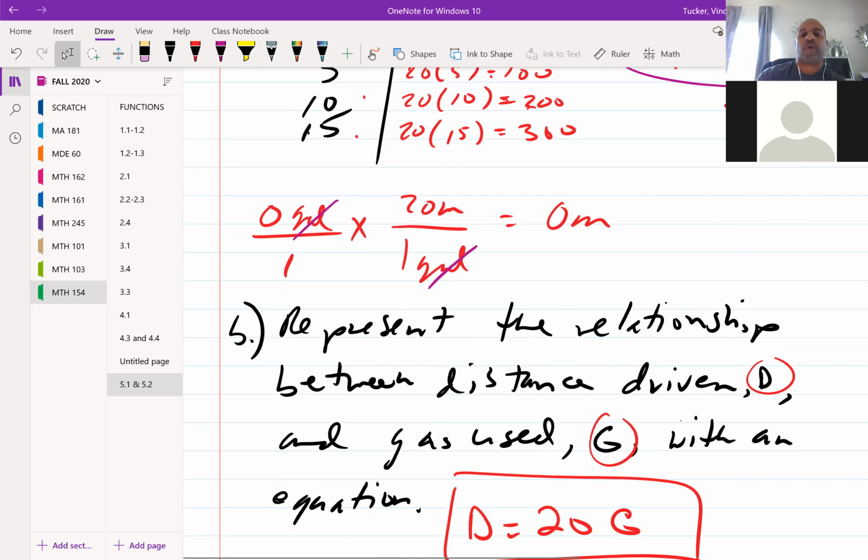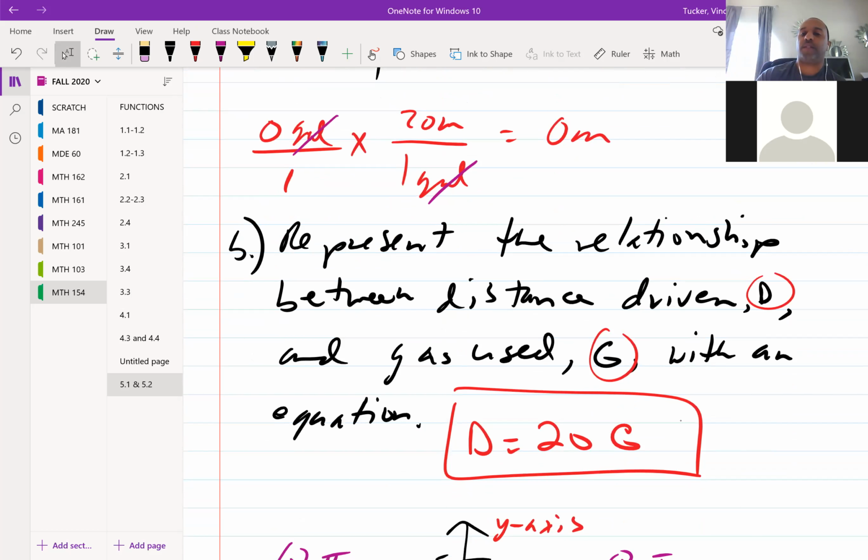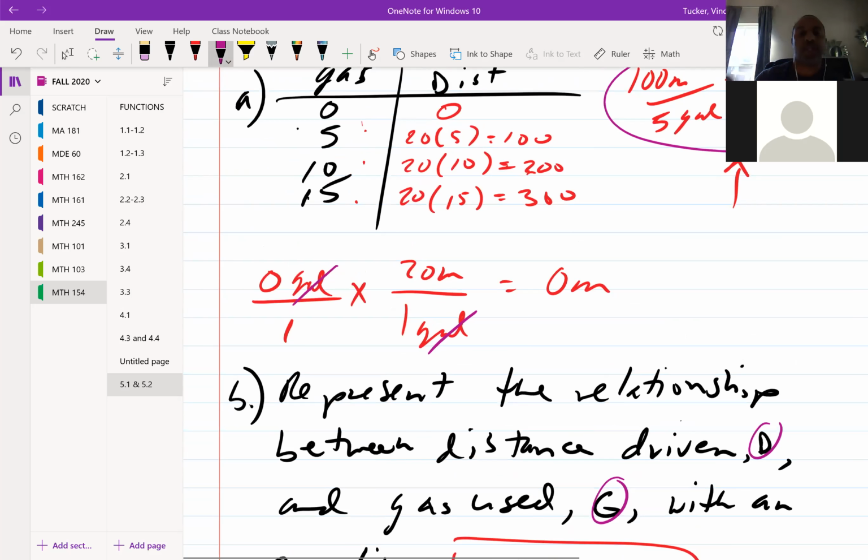Then it tells us to represent the relationship between distance driven, which is D, and gas used, which is G, as an equation. So they give us D to use as a variable and G to use as a variable. And what we did was, in order to calculate our distance, we did 20 times the gallons that they gave us, 20 times the gas that they gave us.